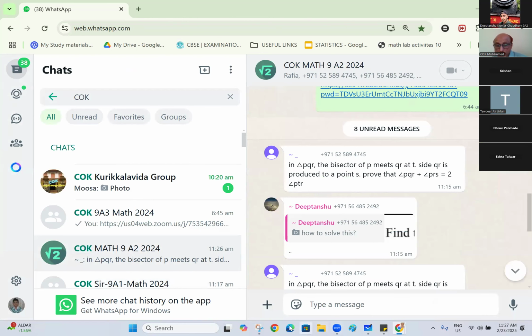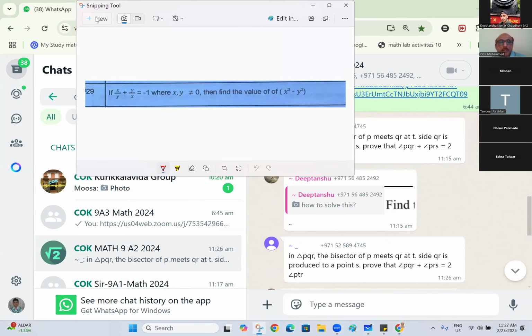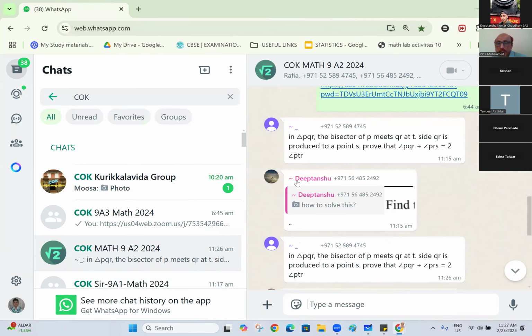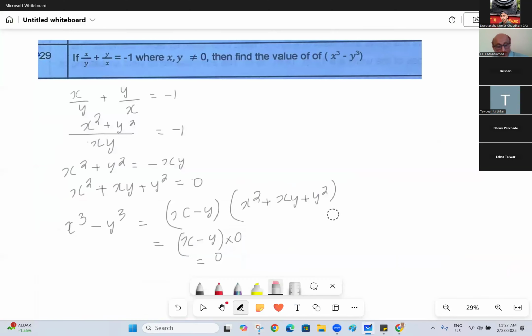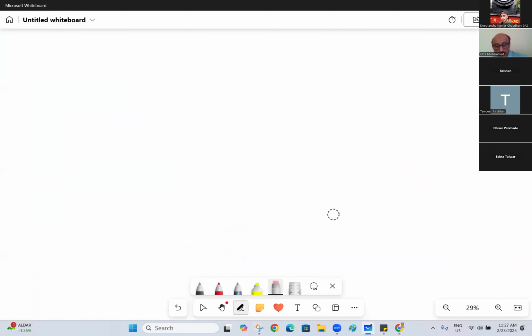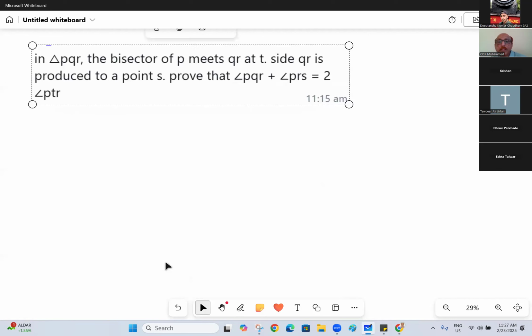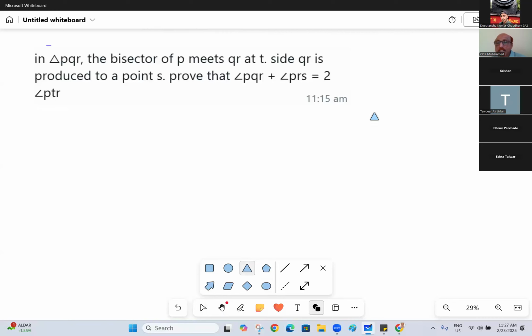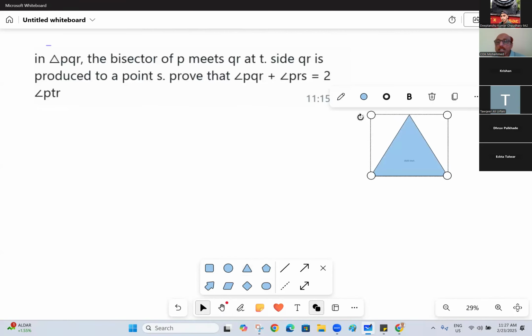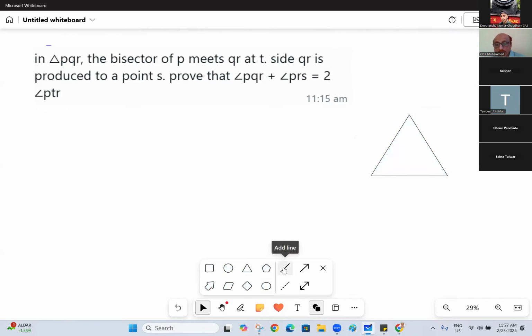Angle PQR question. See, in triangle PQR, so I will write PQR here. Okay, this is PQR.